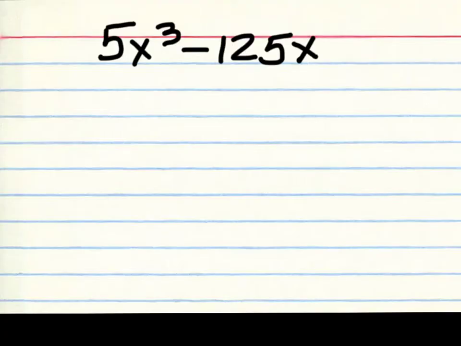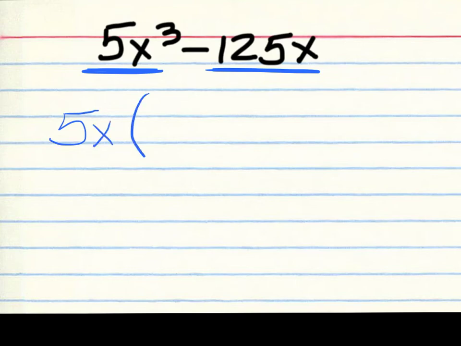There we go. Alright, on this one, you don't have a perfect square here or here. So you have no choice but to see if you can factor something out. Looks to me like you can take out a 5 and what else? An x. So if that's the case, divide both terms by 5x and be left with x squared.